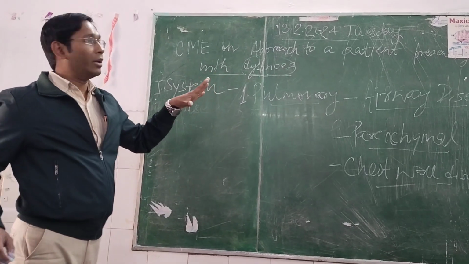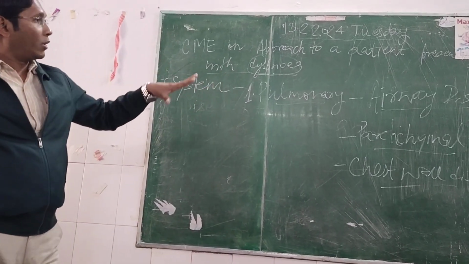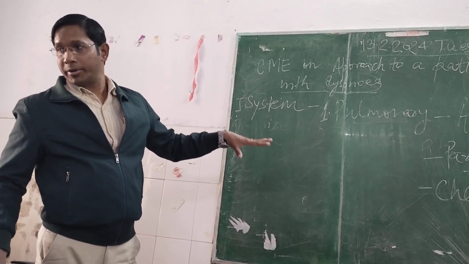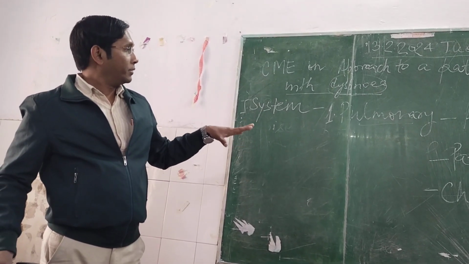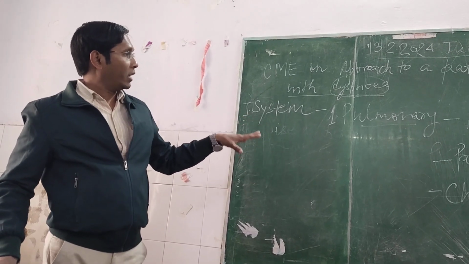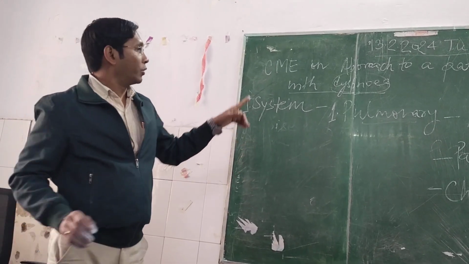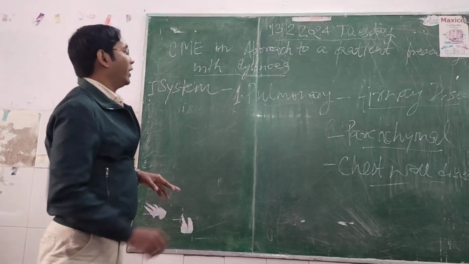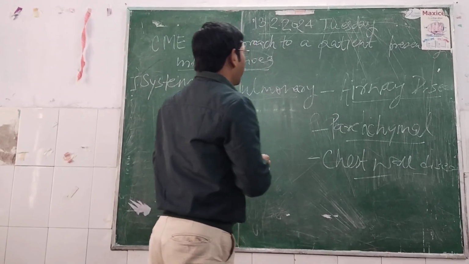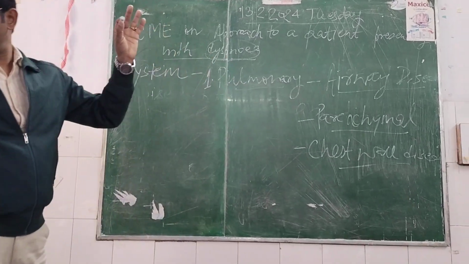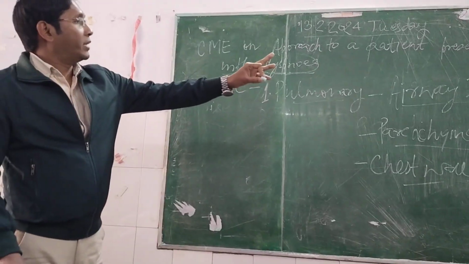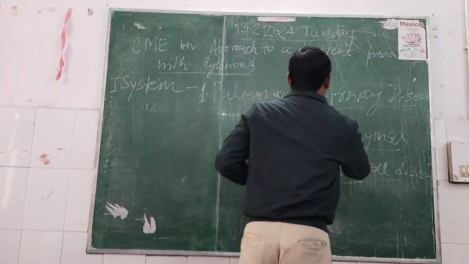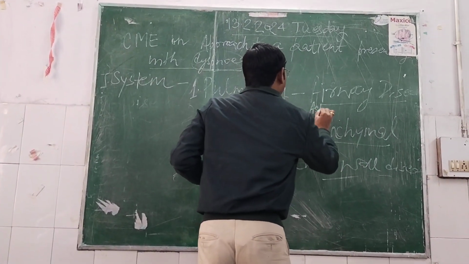First of all, I should enumerate all the causes of pulmonary, cardiac, and others also. So these are the airway disease processes. Now the fourth part will be examples of diseases.